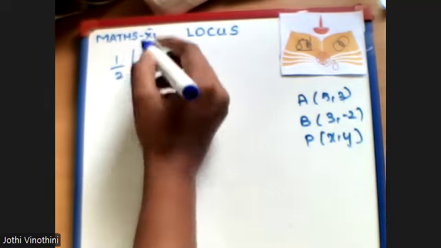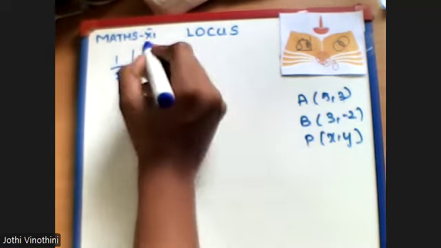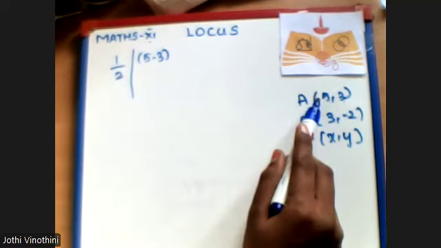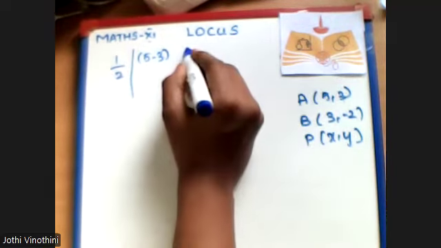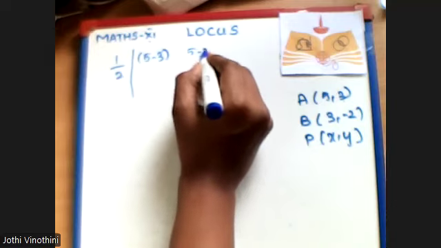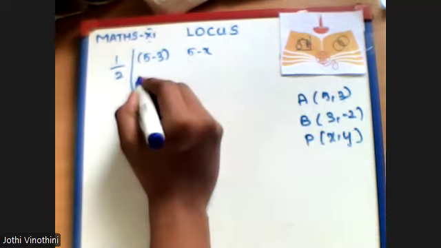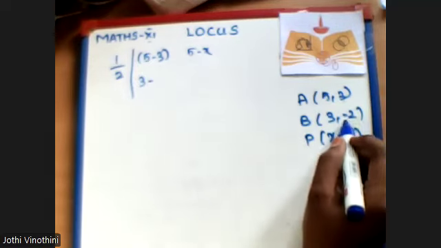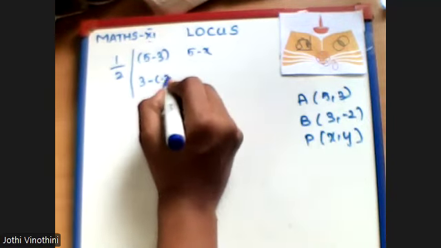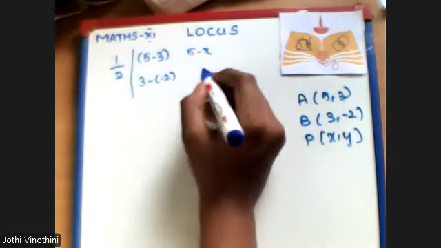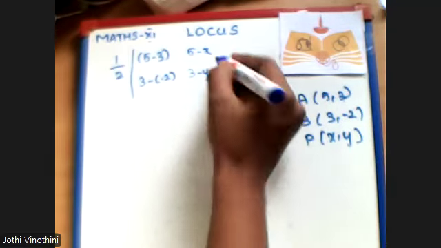Half modulus of x1 minus x2 will be 5 minus 3, and x1 minus x3 will be 5 minus x. Here, y1 minus y2 is 3 minus of minus 2, and y1 minus y3 is 3 minus y.